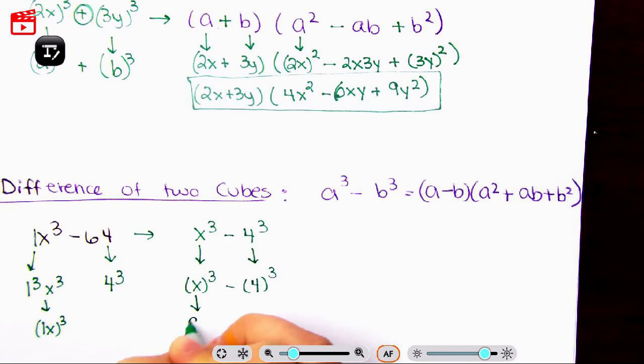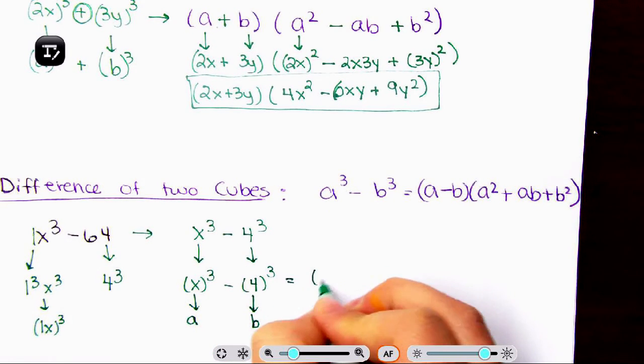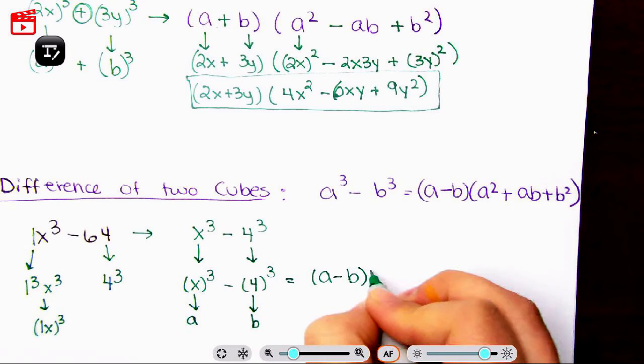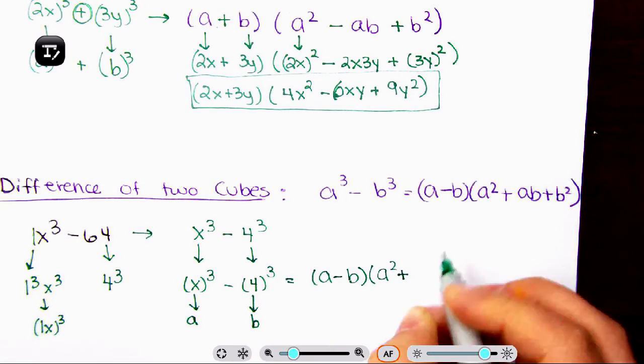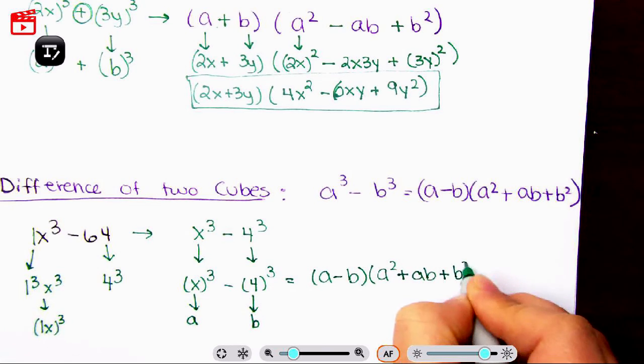So that means your a is x, your b is 4. So again, a, b, always the same, so we have minus. Then we have a squared, always opposite in this case, so we have plus. ab, always positive, b squared.